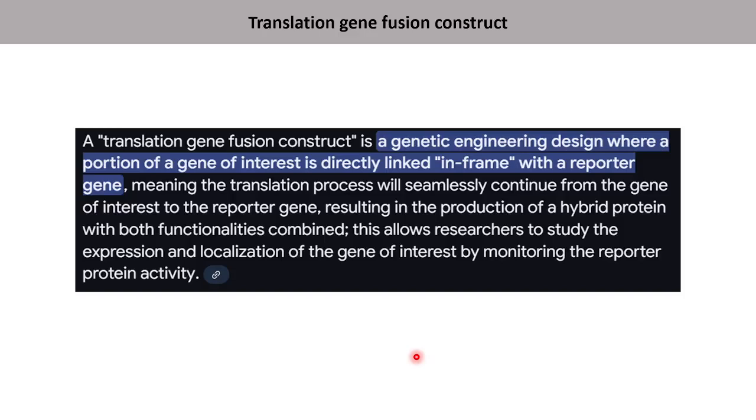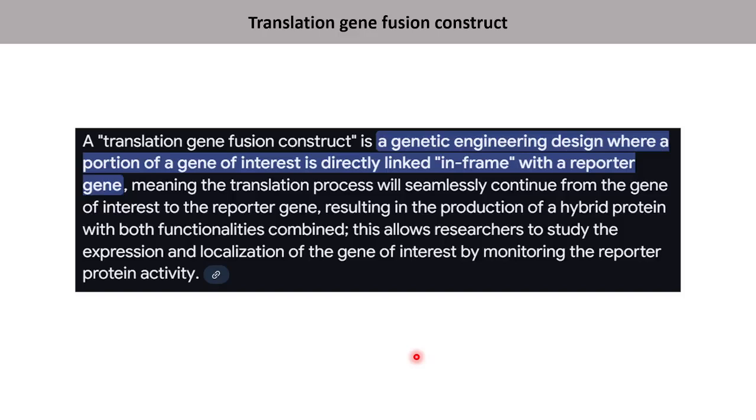As I told you before, any reporter gene or reporter protein, any protein will be termed a reporter when we are able to either see the expression, calculate the expression, monitor its activity or monitor its location.